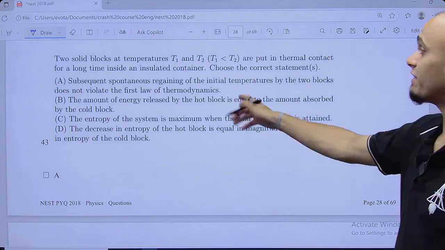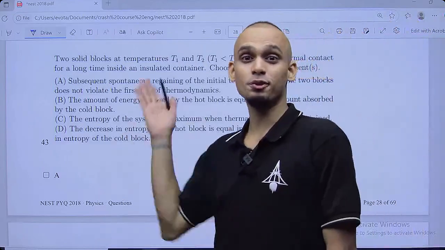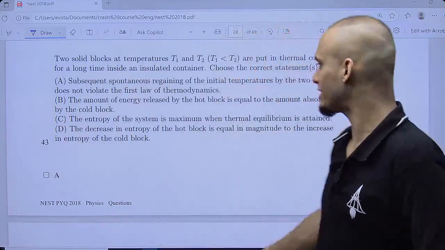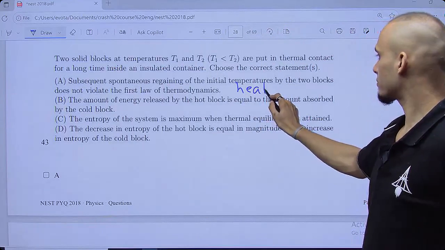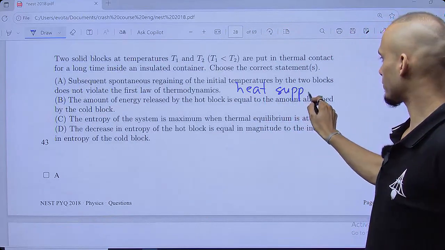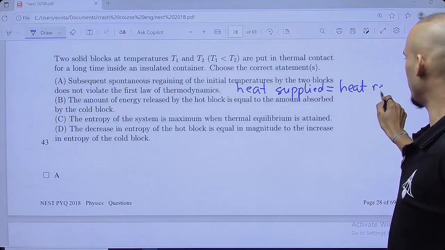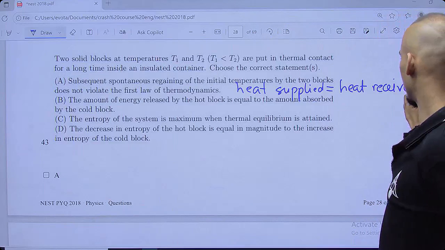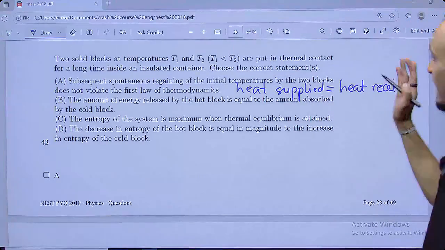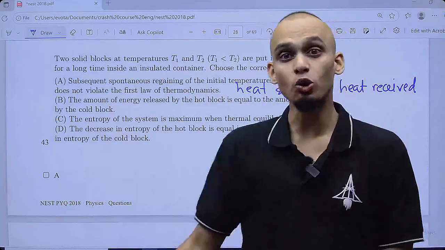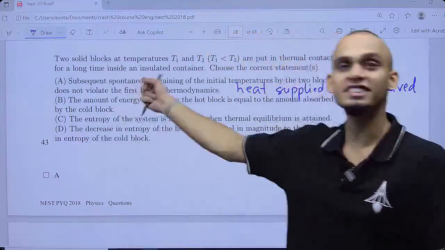So if we were to reverse the process, the cold object would supply heat to the hot object, but as long as heat supplied is equal to heat received, without loss of energy, of course the first law is not violated. So we can technically reverse the process without violating the first law. However, it does not happen because we now know that the second law gets violated.